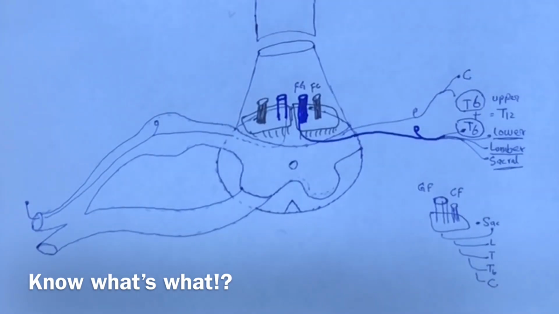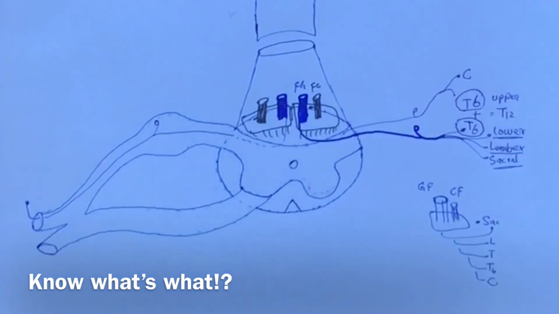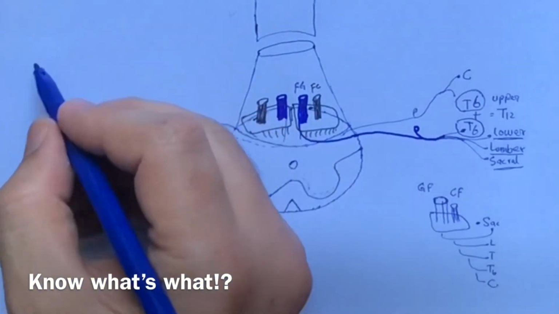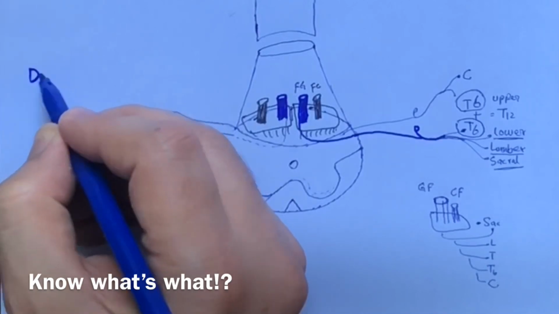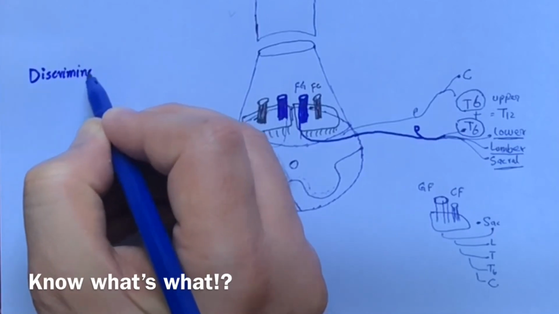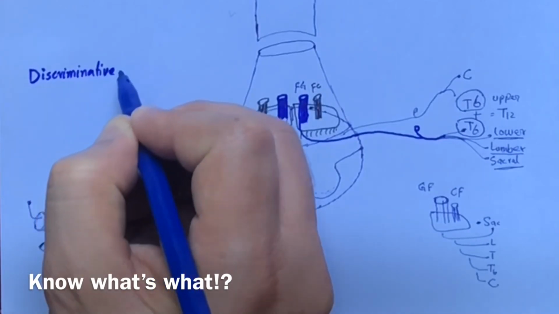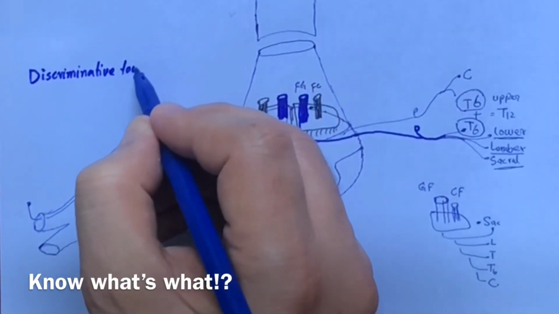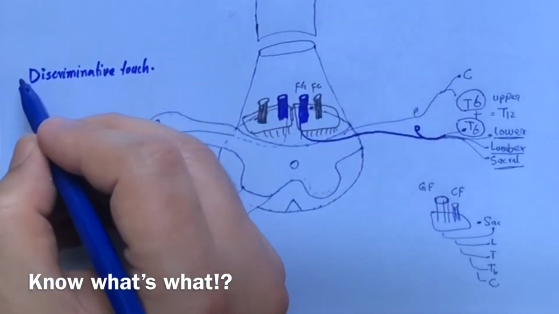Now, what sensations does this system bring up to the cortex? There are different sensations they bring, like discriminative touch. What does it mean by discriminative touch? When you touch a person while his eyes are closed, he can accurately recognize the location where he was touched.